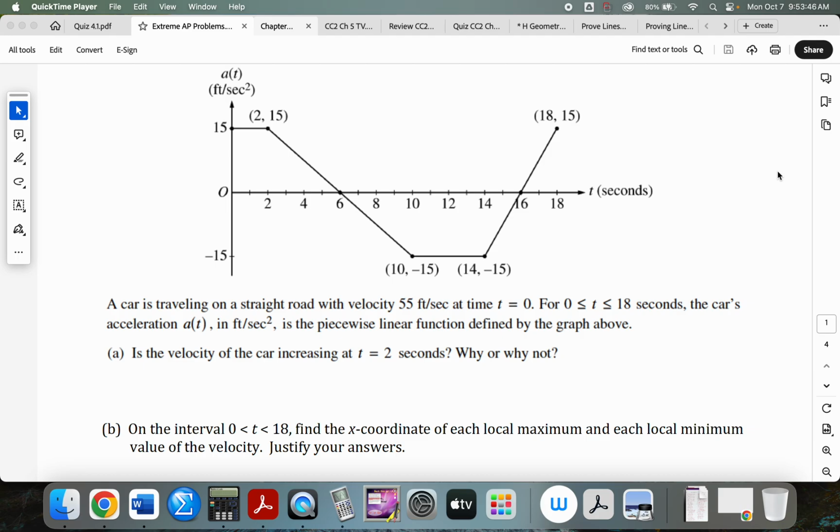Why or why not? All right, so at t equals 2 seconds, the acceleration is 15.